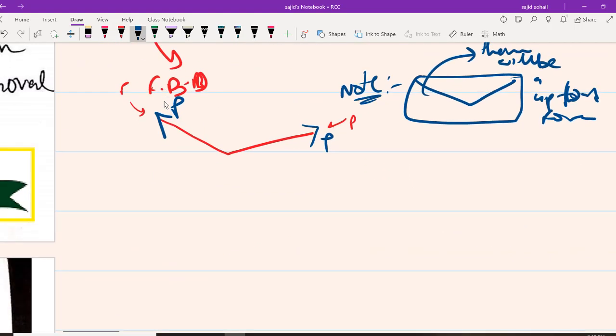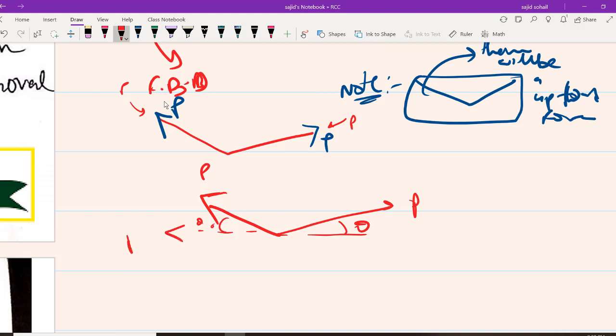Agreed or not? To balance this, there should be a downward force 2P sin theta. Or you can also see it very simply, without going into all this balancing here. Here there is P, here there is P. If this is theta, what will this magnitude be?